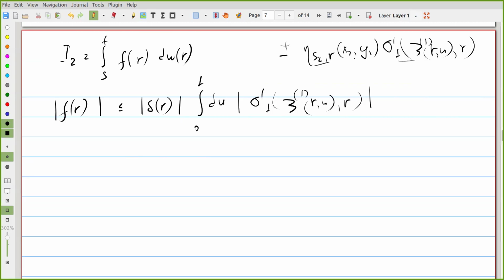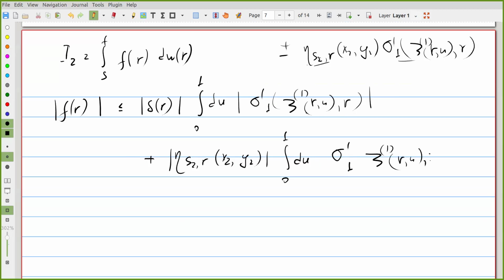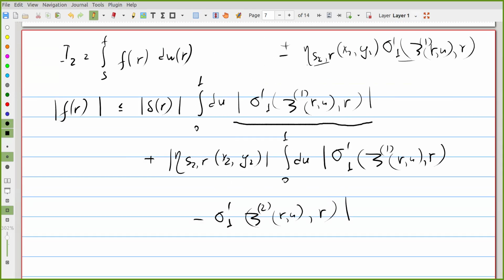And it is the difference absolutely. Plus, this is what I obtained by subtractions, and so this is going to give me this part, modulus, integral from 0 to u du, and here we have the difference, minus sigma zeta 2 ru. And here, this is just bounded.